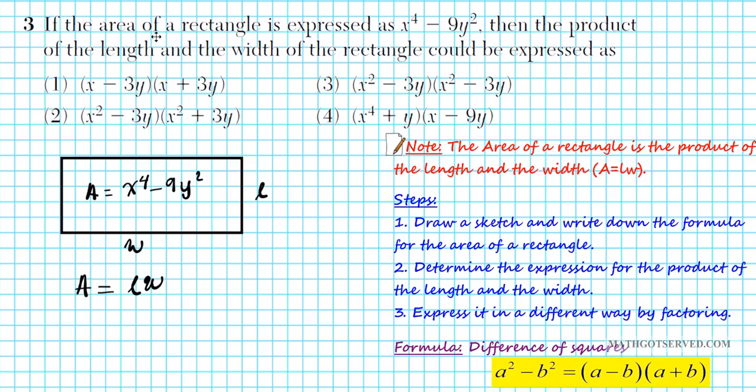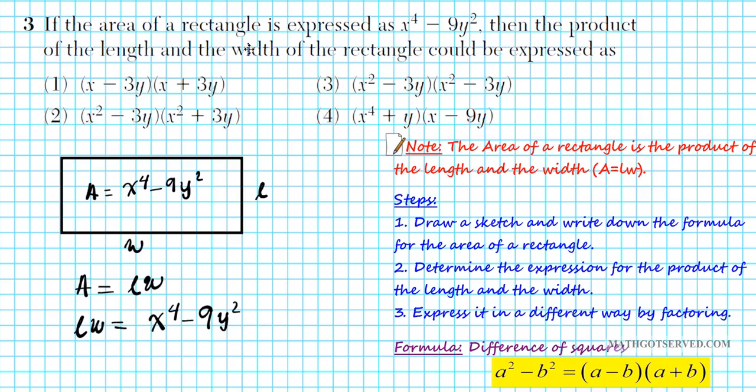Now, the problem is telling us that the area of the rectangle is expressed as x to the 4th minus 9y squared. So the area is x to the 4th minus 9y squared. Let's plug it in here. So the length times the width is equal to x to the 4th minus 9y squared.